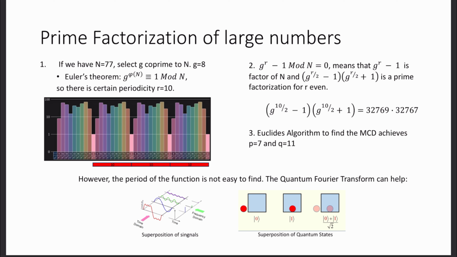So if we manage to, instead of a state that is 0 or 1, change the states as if they were signals, then we will have the superposition of all the signals, with the difference that the sum of everything will be 1, because it's still a probability. So having different qubits could help us calculate this Fourier transformation. So the Fourier transform would then allow us to have this period, and then we could have the factorization of this large number.